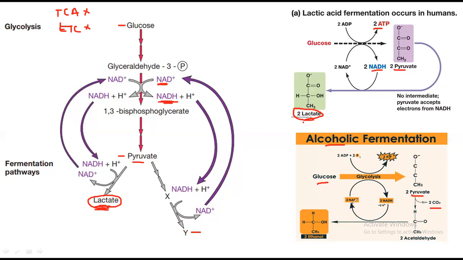NADH is converted into NAD, and this NAD can then be reused in the glycolysis reaction. So just look here, this ethanol is another compound of the fermentation, and it gives flavors to our food. This is the intermediate.